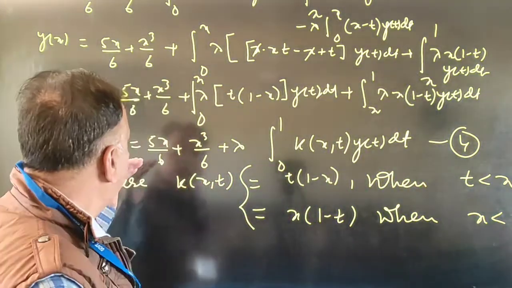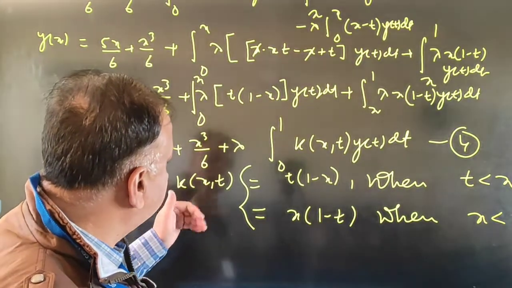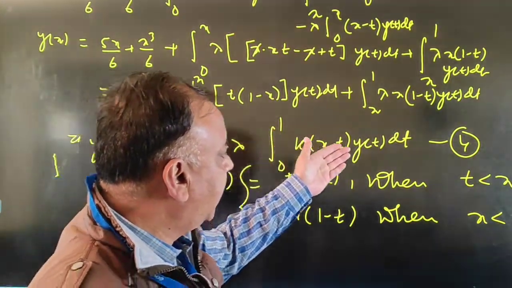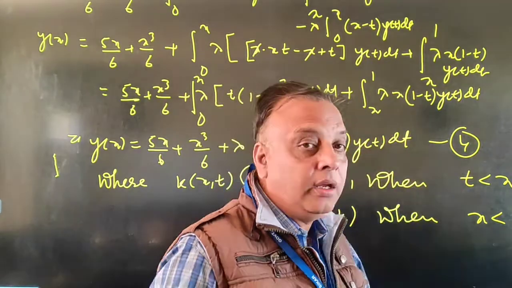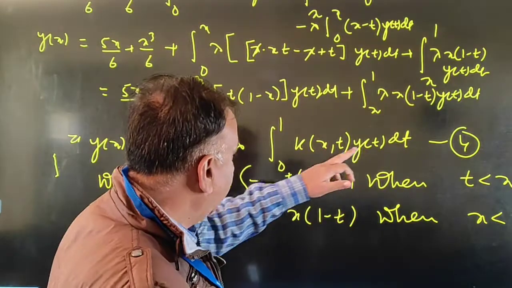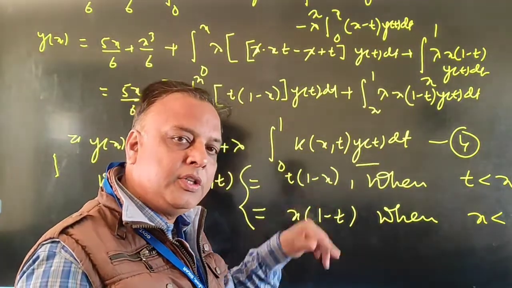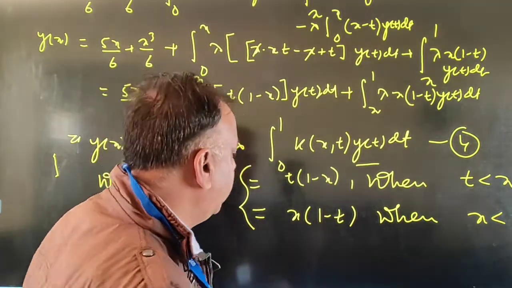So the equation we find is yx is equal to 5x by 6 plus x cube by 6 plus lambda integral 0 to 1 kxt yt dt. This is the required integral equation, and we see that the unknown function yt appears under the sign of integration and the limit of integration is constant. So this is the Fredholm integral equation.